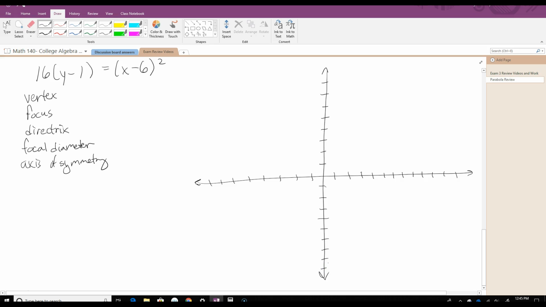And the first thing that I know is that the standard form is 4p times (y minus k) equals (x minus h) squared.